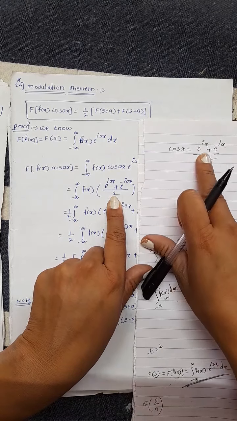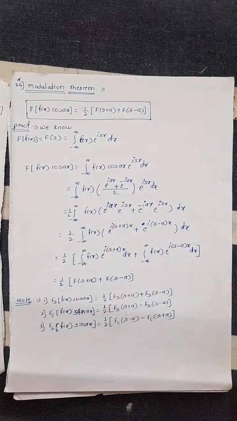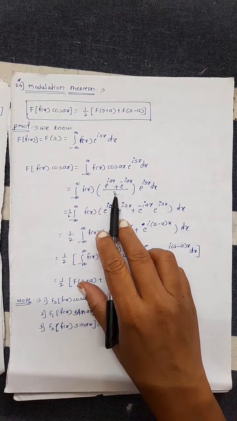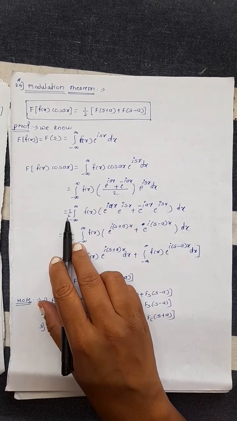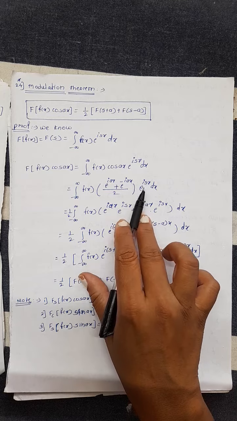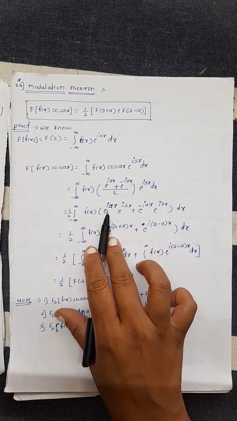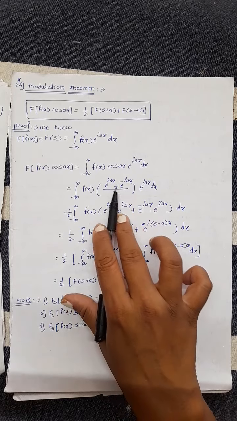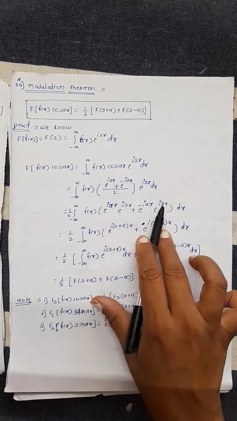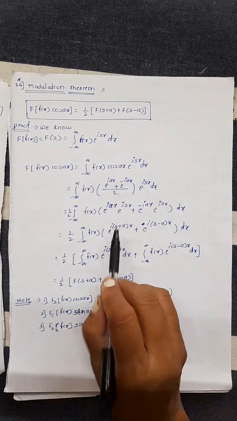For sine, it is just minus upon 2i. Now take 1/2 outside because it is a constant, and f(x) into e^(isx) inside the terms. We get e^(iax) into e^(isx) plus e^(-iax) into e^(isx), bracket complete, dx.